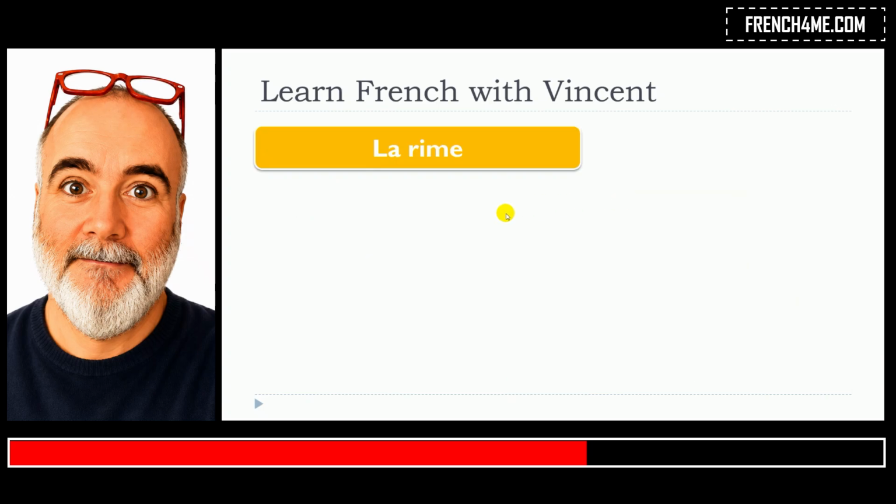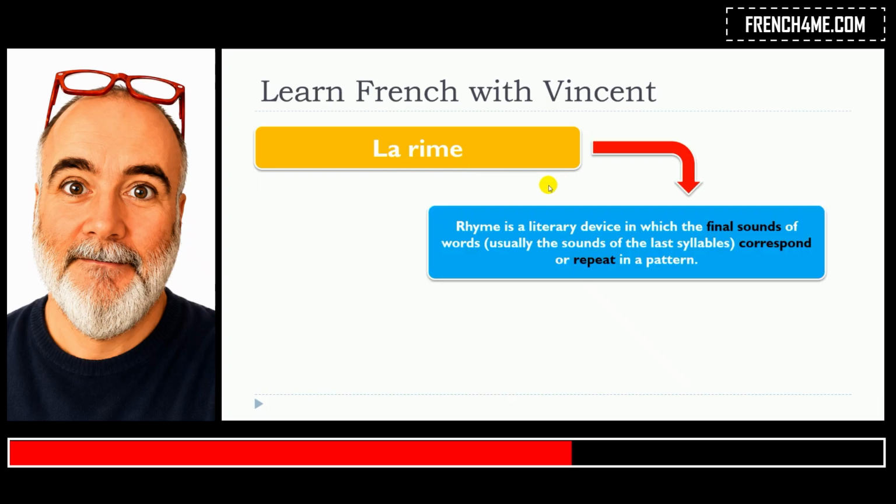So, this lesson is about la rime. Rhyme is a literary device in which the final sounds of words, usually the sounds of the last syllables, correspond or repeat in a pattern.